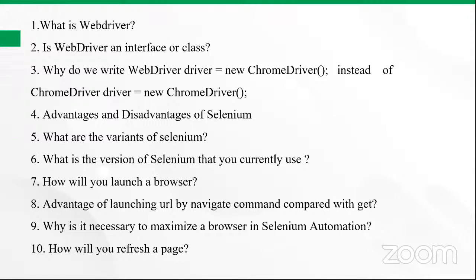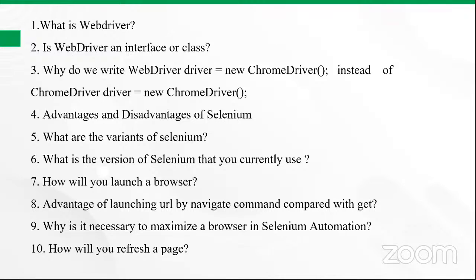Both do the same function, that is opening up the URL. But the difference is that when you use driver.get, it does not maintain the browser history and the cookies. So we can't go forward or backward. That is, if you open up a browser, there will be a button to go backward and go frontward.